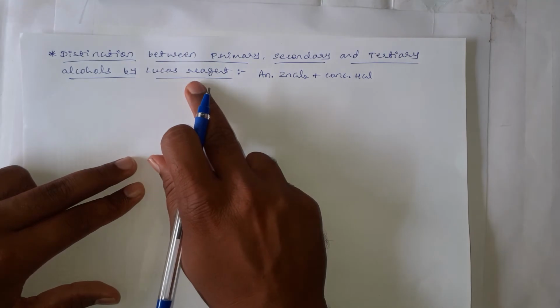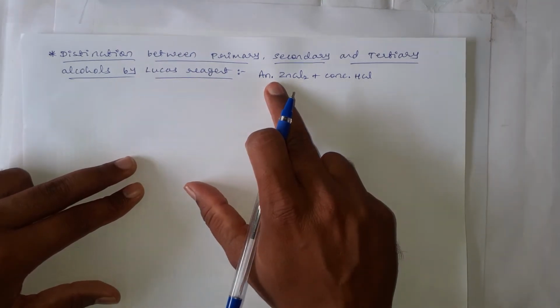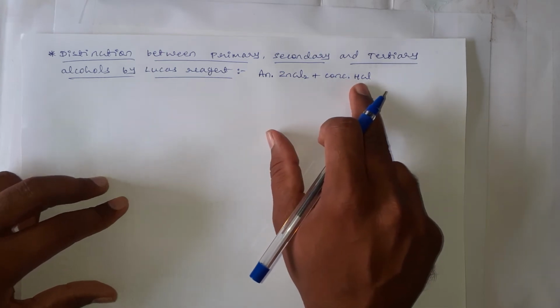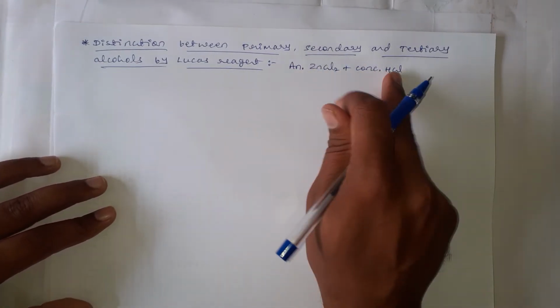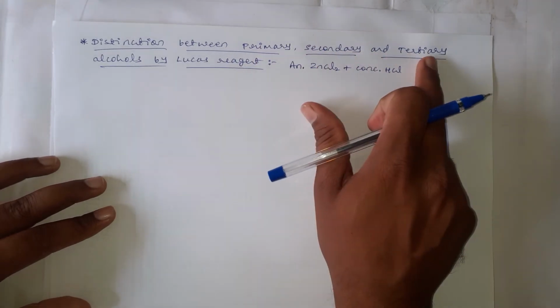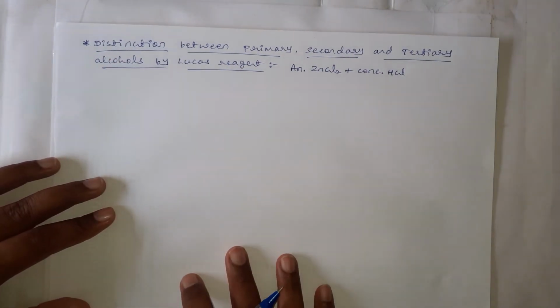It is an equimolar mixture of anhydrous ZnCl2 and concentrated HCl, and this mixture can be used to distinguish between primary, secondary and tertiary alcohols.